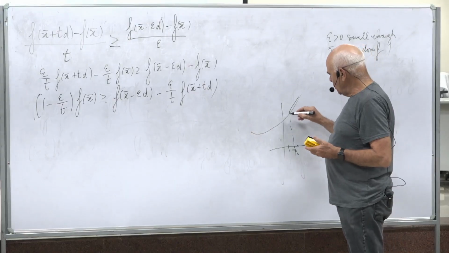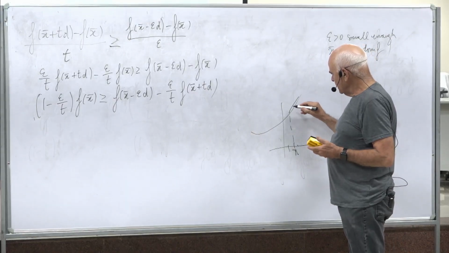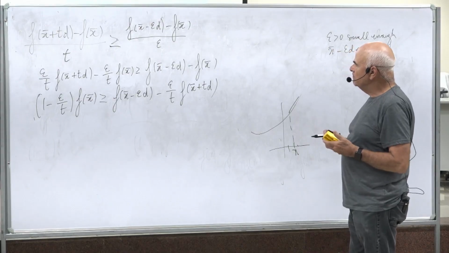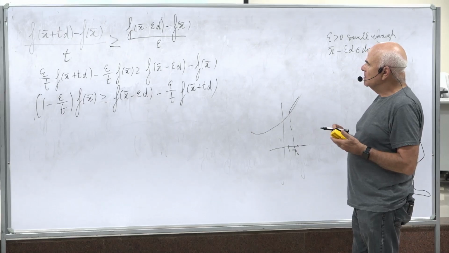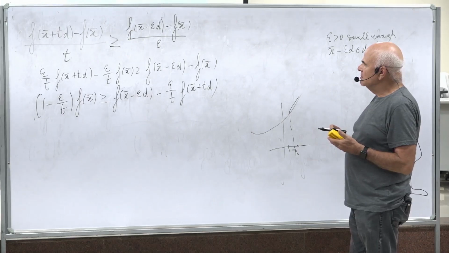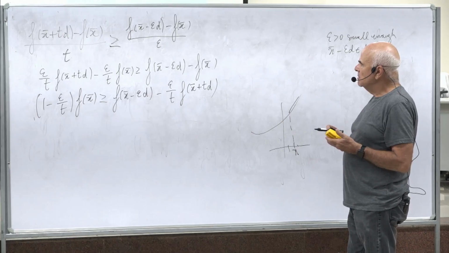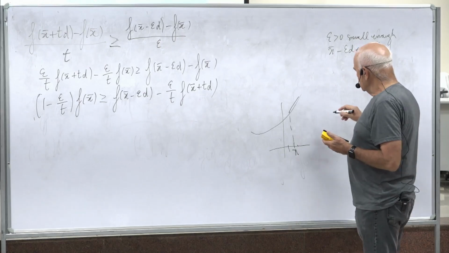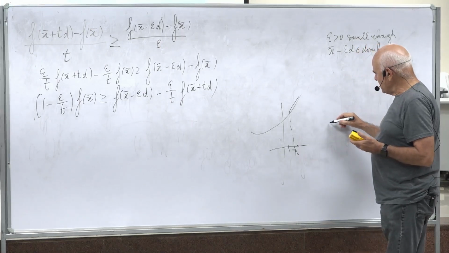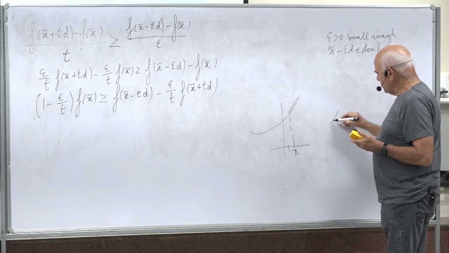Okay, so the slope should be increasing. So for a convex function, the slope is always increasing. But what is the slope here?